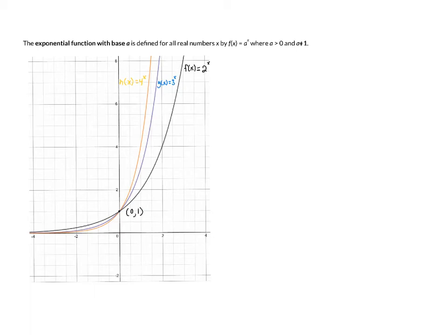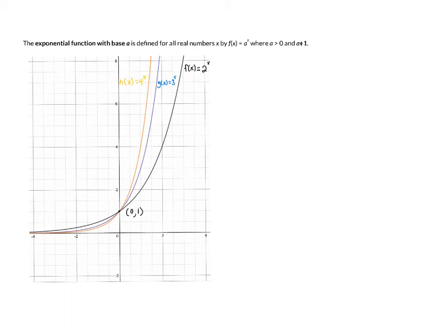And when we have a fraction, when the denominator is larger, that fraction is going to end up getting smaller and smaller. So these are the differences between the different graphs. The larger the base, the steeper it's going to grow on one side, and the more quickly it's going to get closer to 0 on the other side.